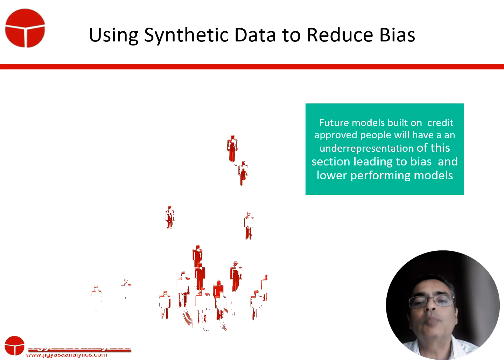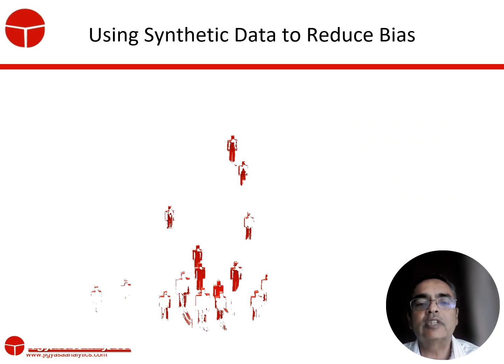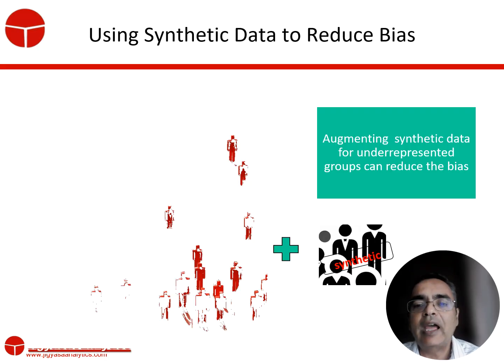And this leads to bias in model performance because you're building a model on a sample that is not truly representative of your population. And then there are these underlying fairness issues and missed opportunity issues as well. So a solution could be that we take these underrepresented groups, which are there in very small numbers in our sample, and augment them by adding synthetic data. And augmenting these groups with synthetic data will create greater numbers of them in our sample and reduce the bias.